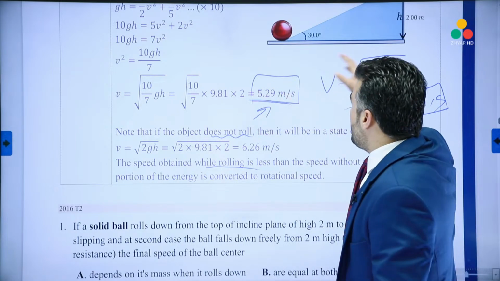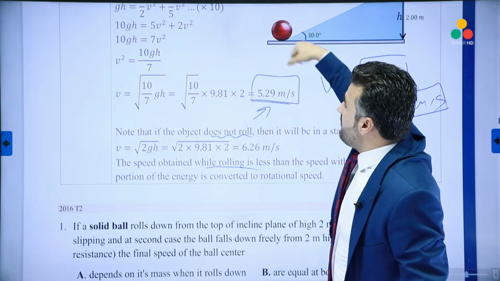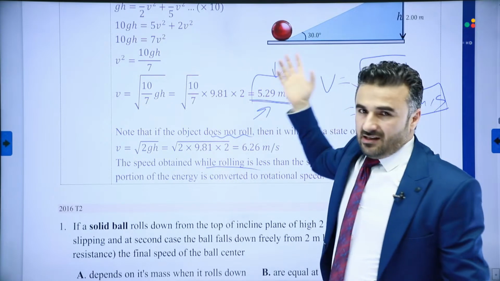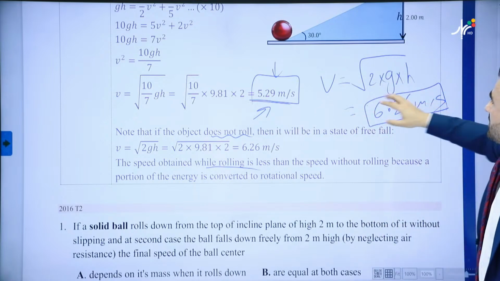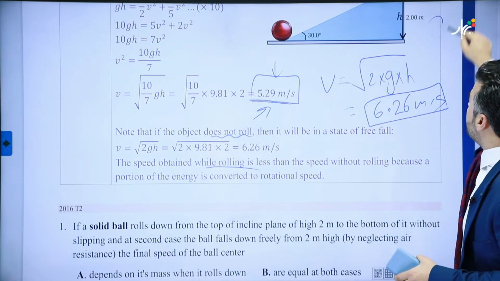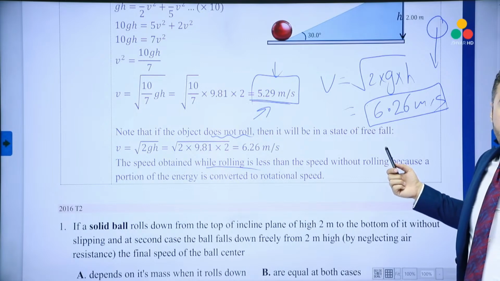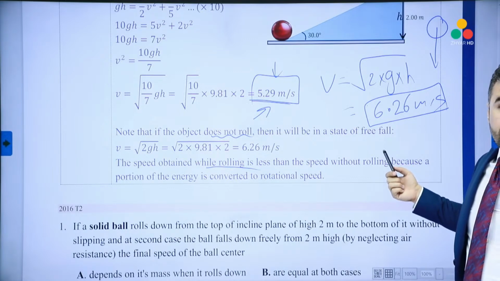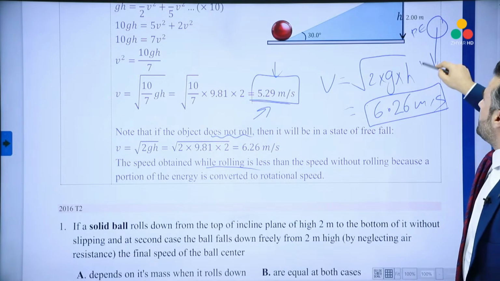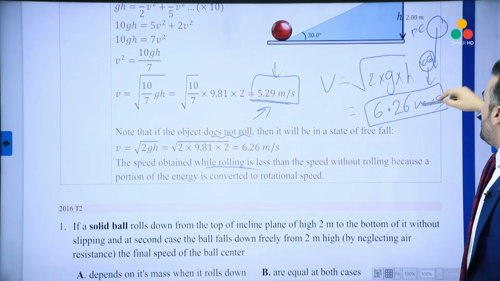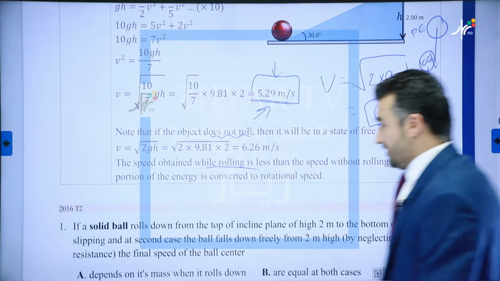Part of the total energy changes to the rolling of the ball, so we get a lower translational speed at the bottom. But if the object is not rolling, it experiences free fall, so there is no energy conversion to rotational. All the potential energy changes to kinetic energy, and the speed is 6.26.